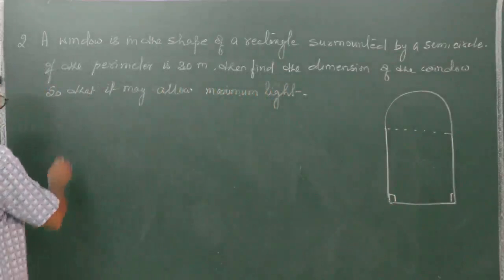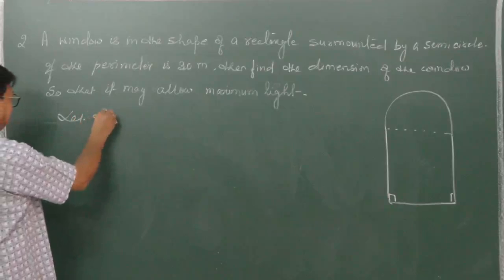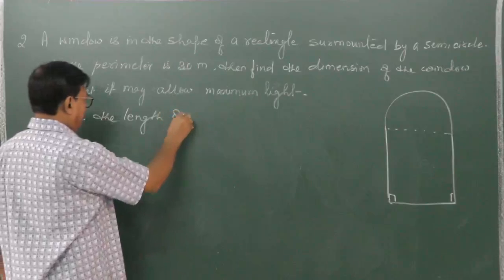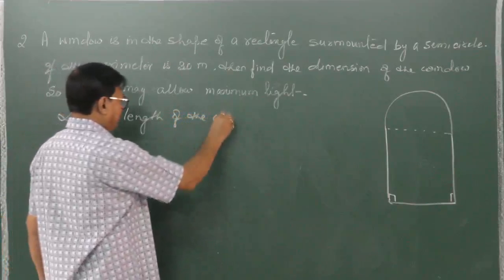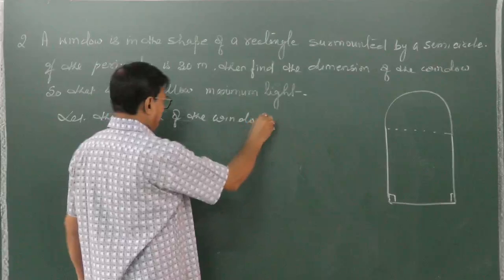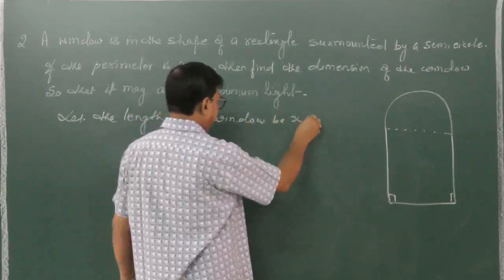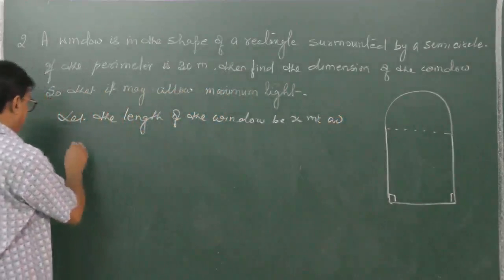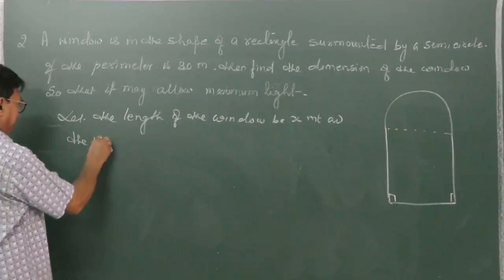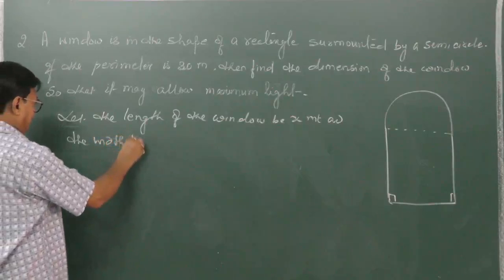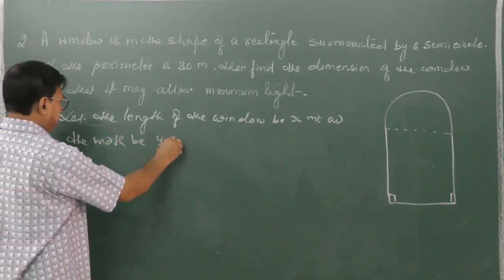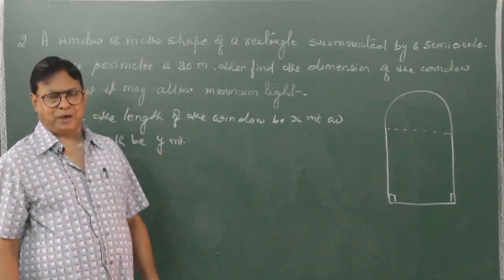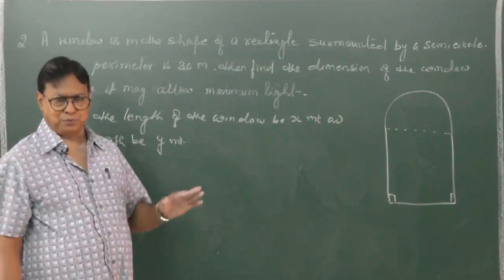So here let the length of the window be x meter and the width be y meter. Now I make a little change. If I make the width to be y meter, the radius will be y by 2.